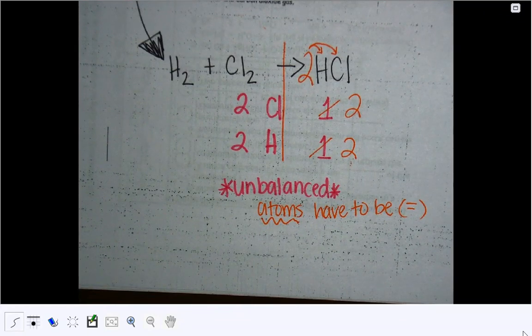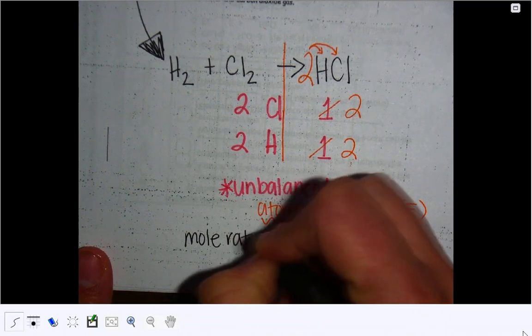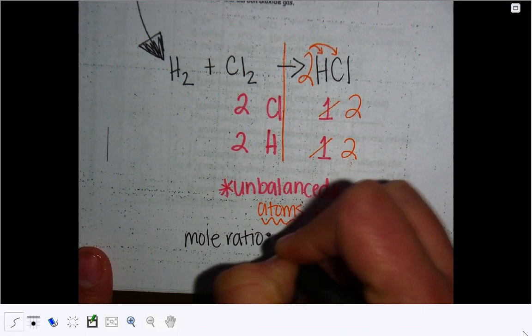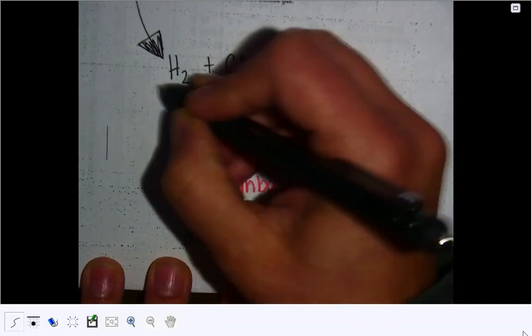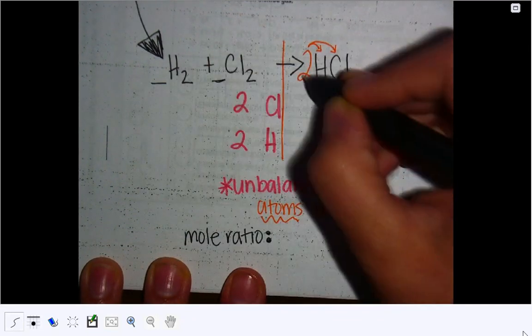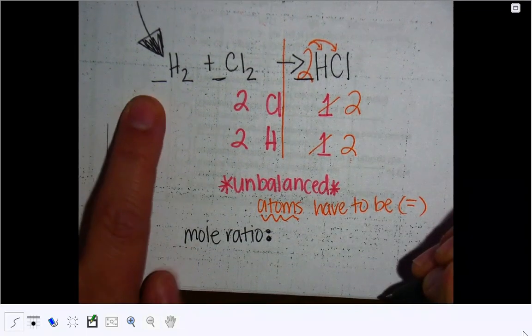All right, so the other thing that I'm going to have you write with this is something else that I want you to get used to writing, and that's going to be a mole ratio. Again, we don't know what a mole is yet, but I want you to start using mole ratios. What that is, is we just list out the coefficients. So looking through this whole balanced equation, we're going to list out what the numbers are that we have for each one.